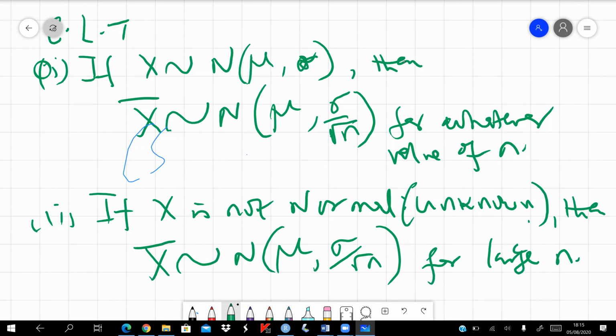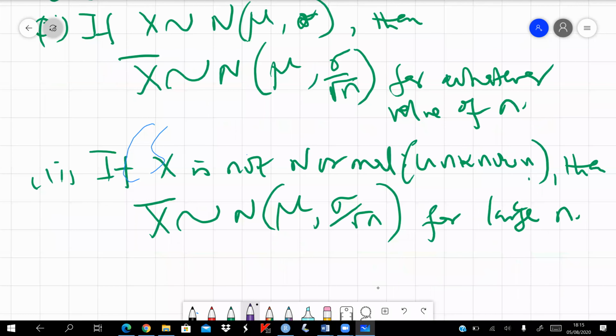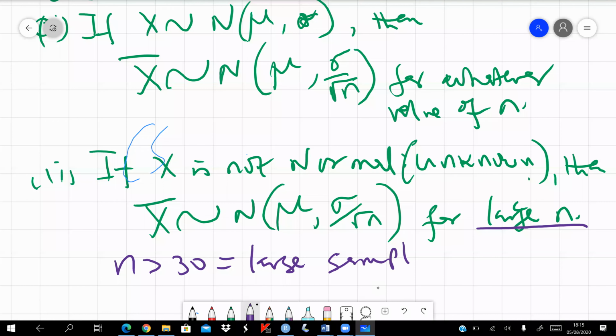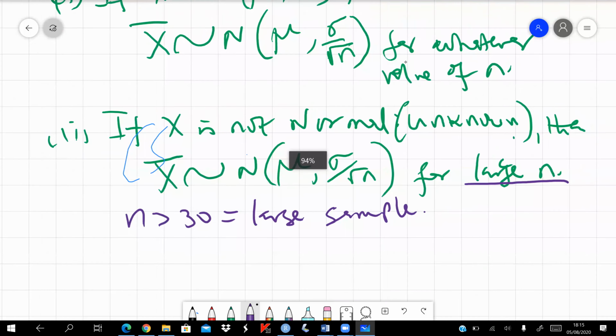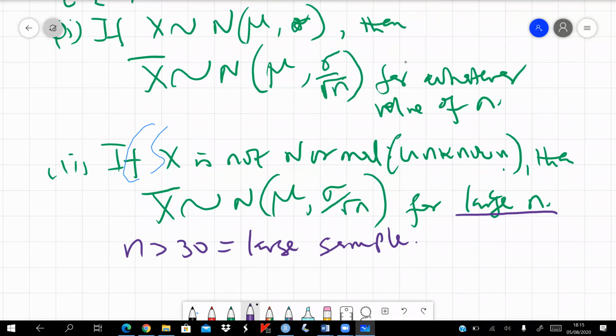Then we said that n is large if it is bigger than 30. That's what you're calling a large sample. So I think that's the concept that we've been applying all through the hypothesis testing, okay?